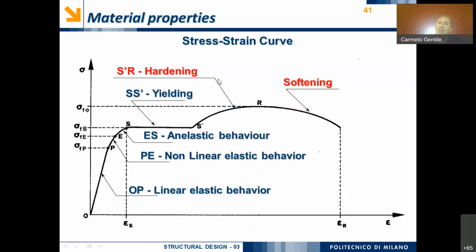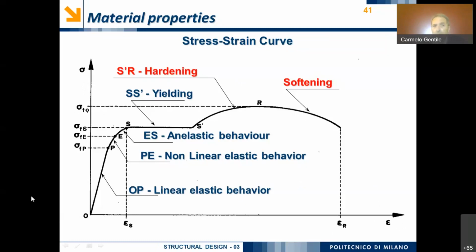As I have already said in the previous lecture, generally we measure force and deflection, but we can transform forces in stress by dividing the force by the area of the cross-section, and the deflection, or the deformation, the elongation, in strain by dividing by the original length. And so we have a curve like this.